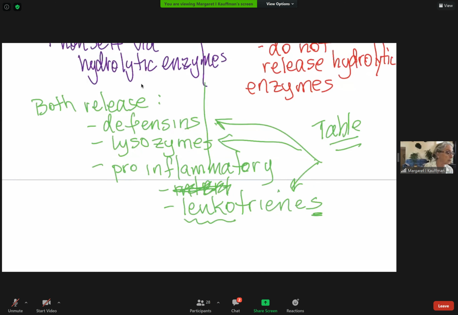Okay, so it looks like we didn't finish all of this, but we didn't finish the question: define opsonization, phagosome, lysosome, and respiratory burst. Maybe one of your group can do that when we come back. I won't even assign it. We'll just start right there, and I'll pay attention to who's in that group.